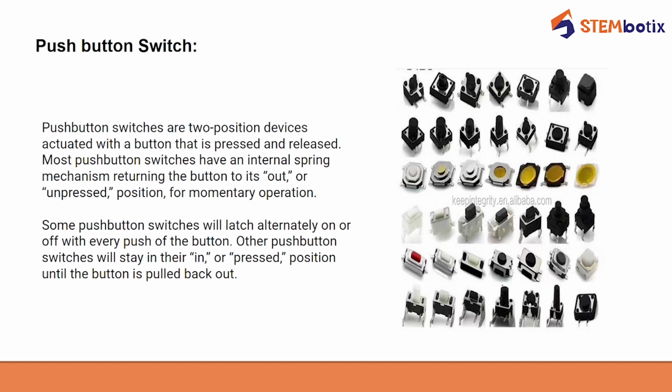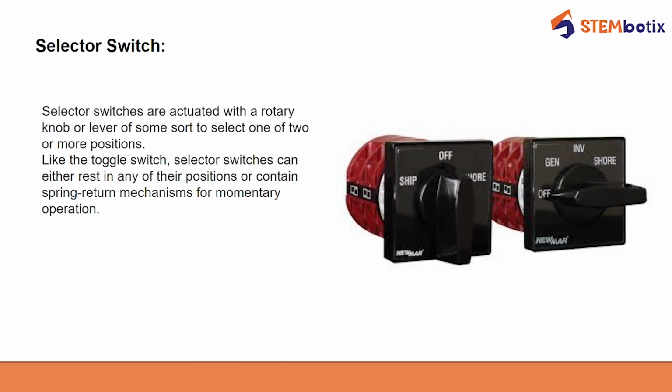There are spring mechanisms available for the button to come out to some fixed position, and there are also push buttons which, once pressed, will stay in that same position until you press them or pull them back out. So these are two different types of push buttons.